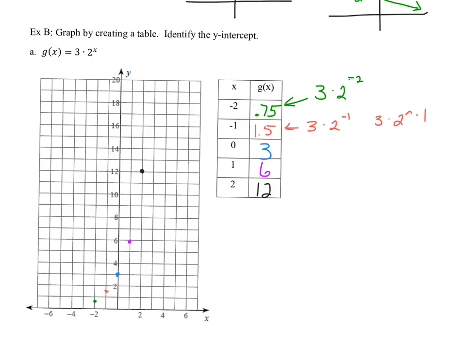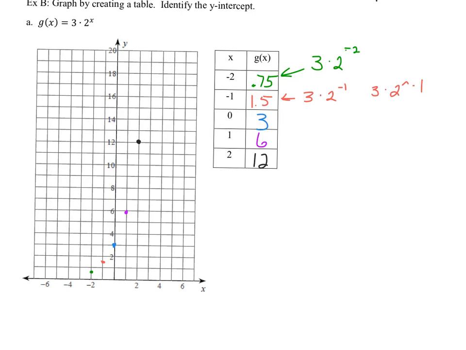If you can hear a video game in the background, I apologize. Then I connect my dots the best I can, and there's our graph. It said to identify the y-intercept. Well, we have it right here: this 0 at 3 is my y-intercept.